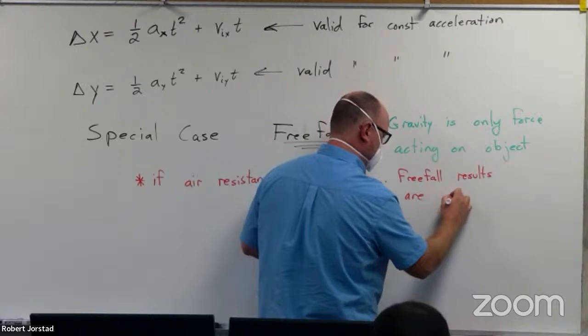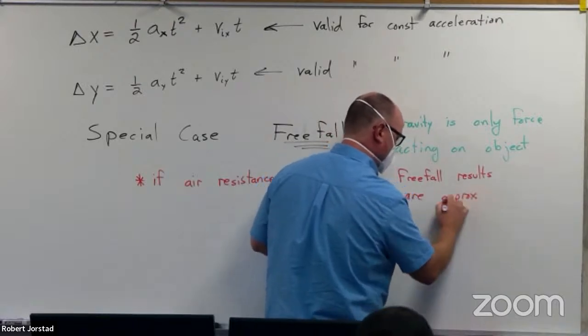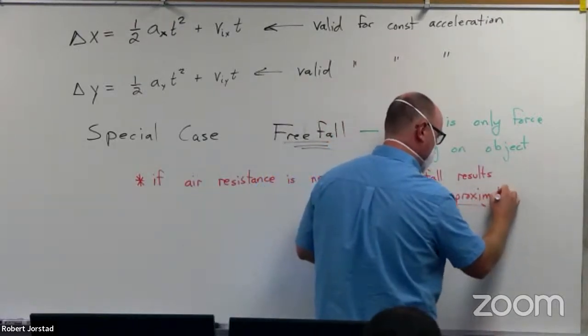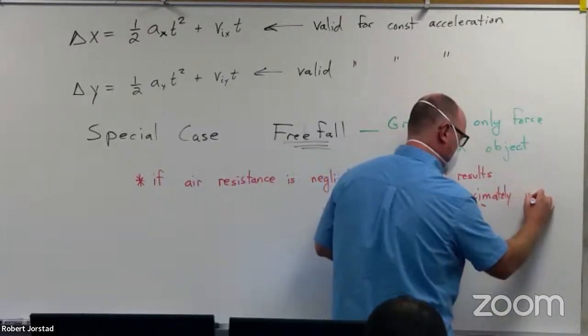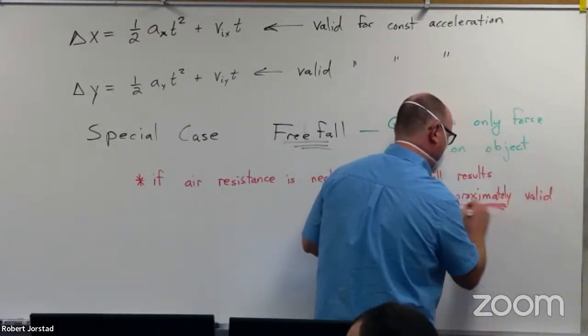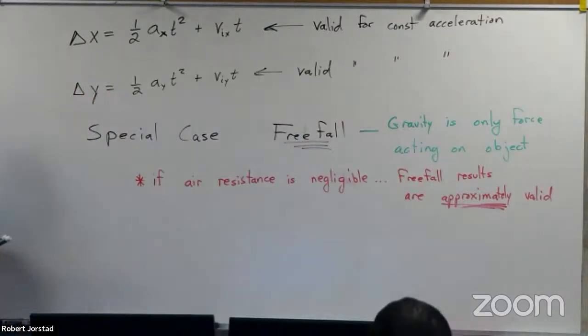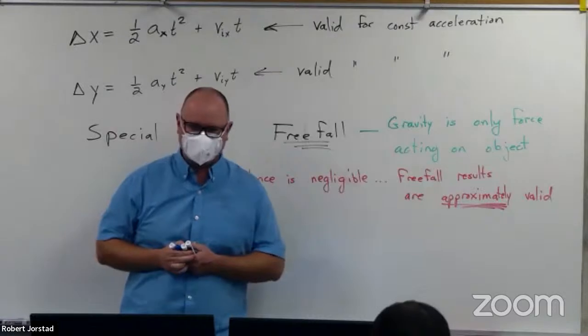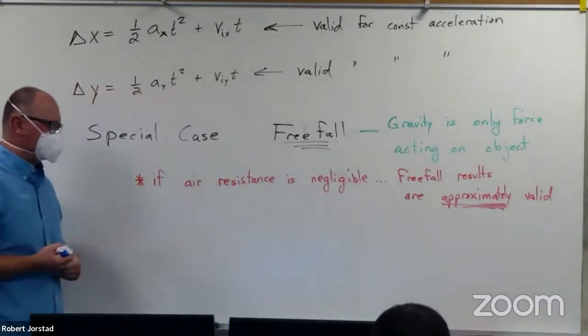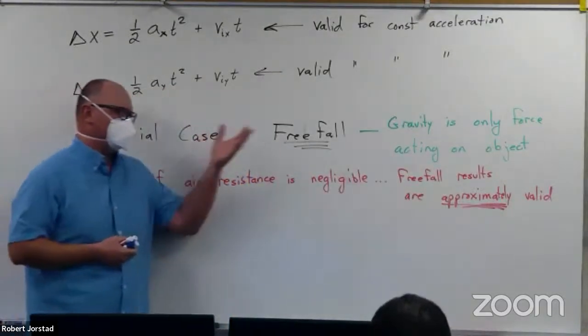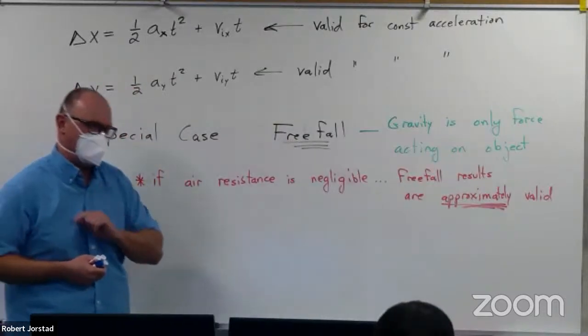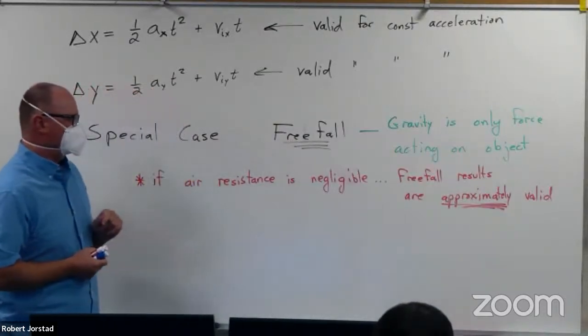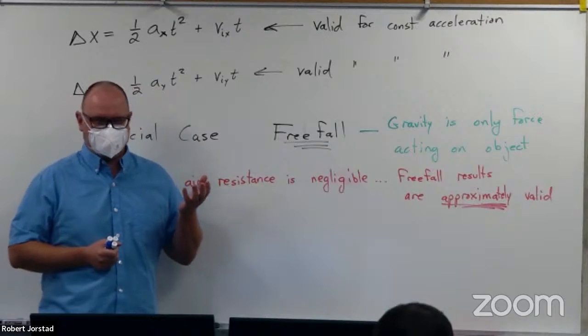I'll get out of the way in just a second. If air resistance is negligible in a situation, in those instances, free fall is approximately valid. It wouldn't be exactly valid. So, and here's why I'm bringing this up.